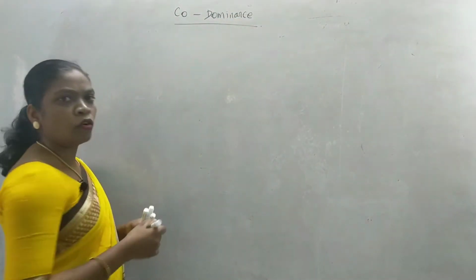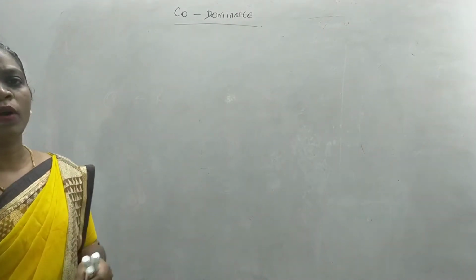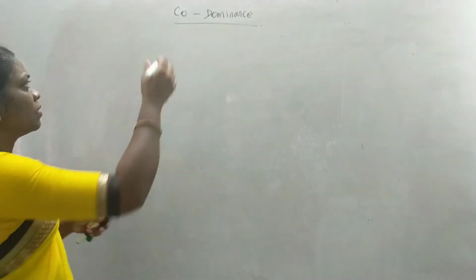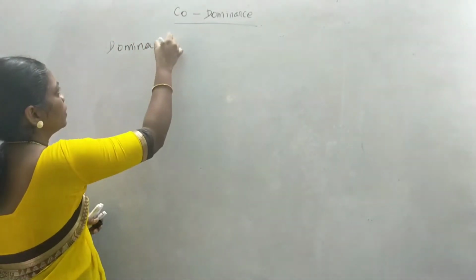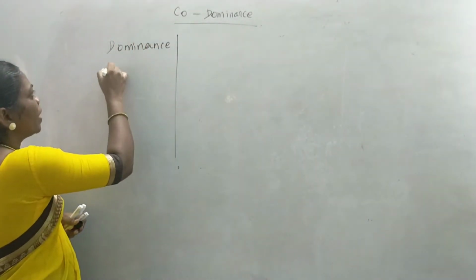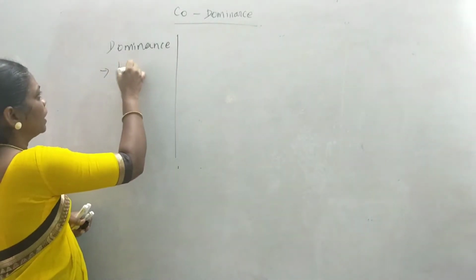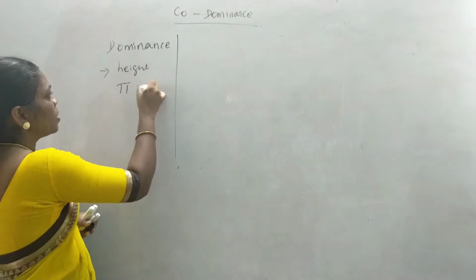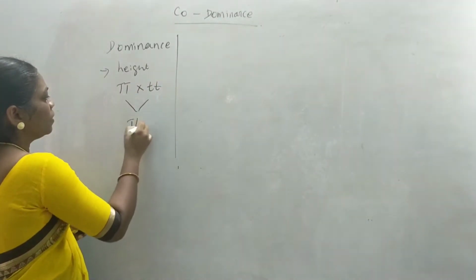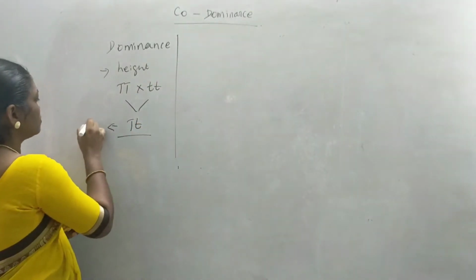So what is codominance? Before getting into that, we should know what dominance is. If you take the monohybrid cross where Mendel took height as a character, he crossed capital T with small t, and he got this form in the F1 generation.